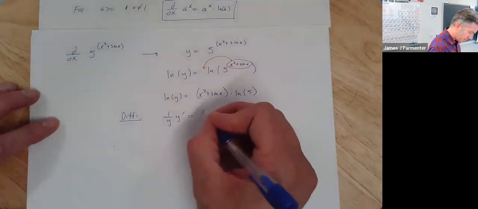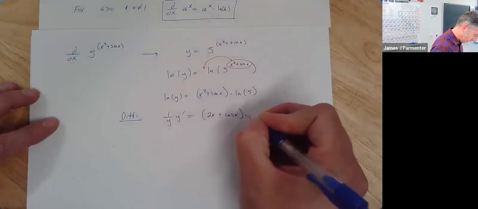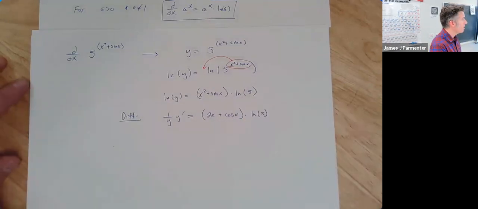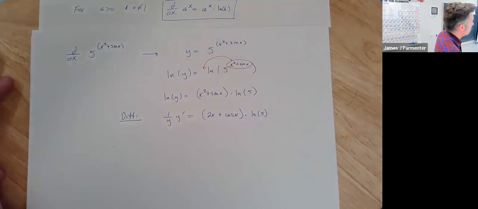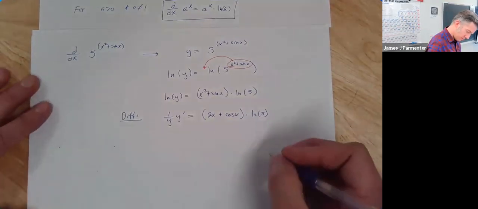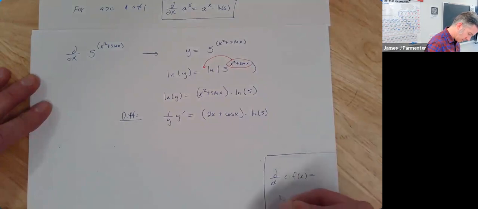So I'm going to get 2x plus cosine of x times the natural log of 5. If you don't love this, if you're wondering why isn't there a 0 somewhere, it's because I'm using the constant multiple rule, where I'm saying the derivative of a constant times a function is just the constant times the derivative of the function.